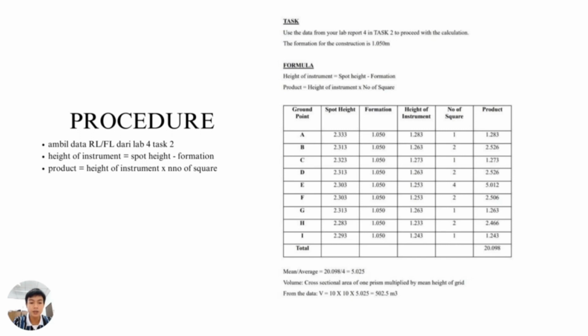Next, we sum up the products to get the total, then divide the total product by the number of squares. We obtain the mean or average. In this case, the average is 1.435.